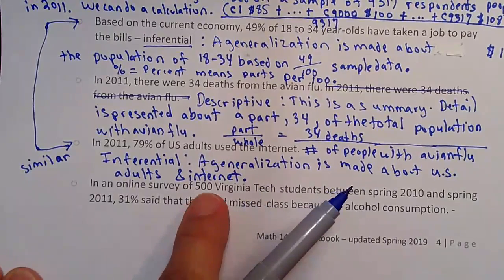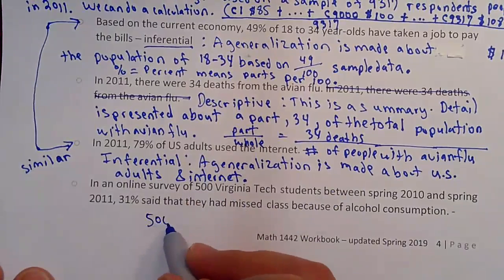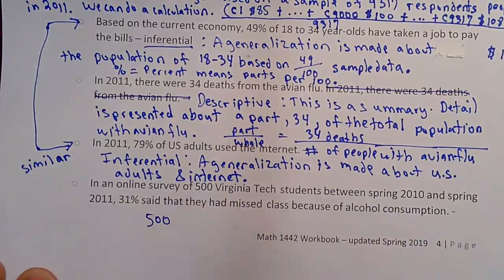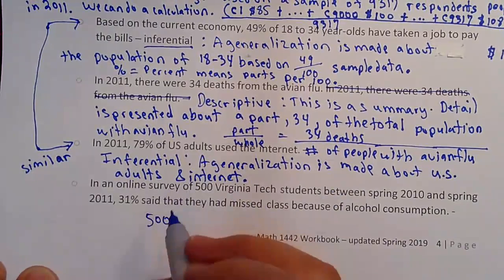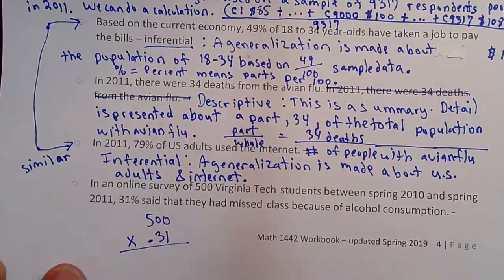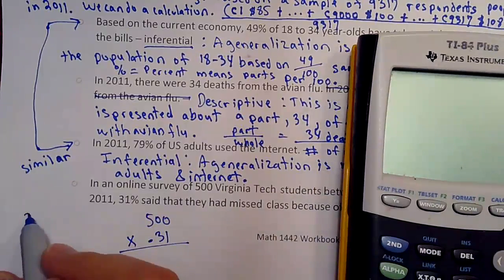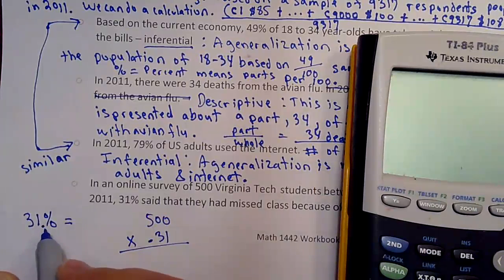You have your base of 500 Tech students in this survey, and 31% of them said this. So 31% is 0.31. You move your decimal over 2 places to the left, right? So 31%, the decimal is right here, and you move it 2 places over, so it gives you 0.31.